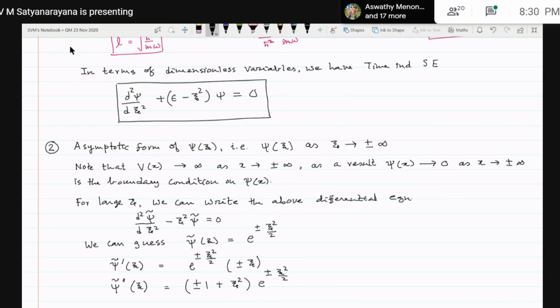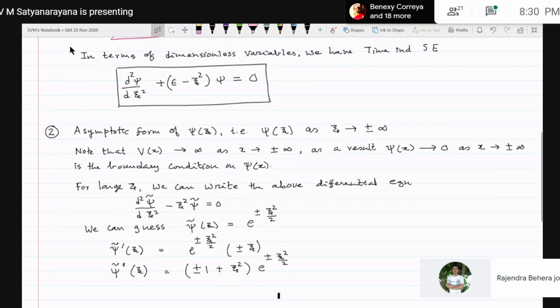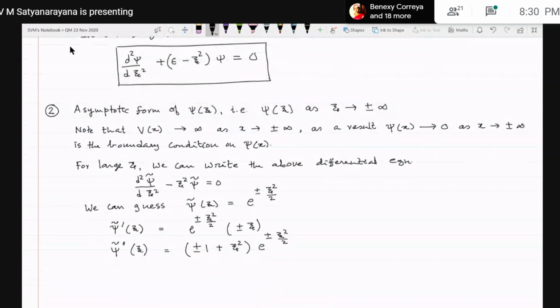Now, since xi is large, you can write this as xi square into psi tilde. The 1 you can neglect because xi is tending to infinity. So psi double prime is equal to xi square into psi, this equation.